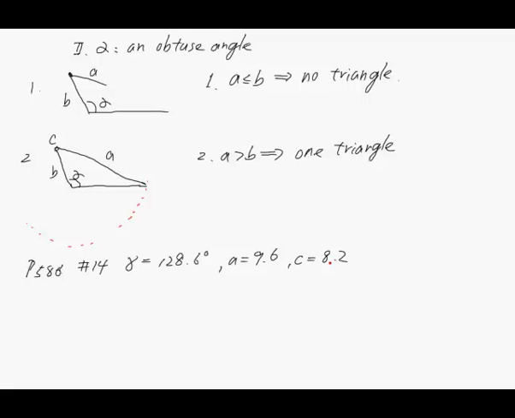So let's first sketch this triangle. And this is gamma, and this is A, which is equal to 9.6. And then you have C equal to 8.2.